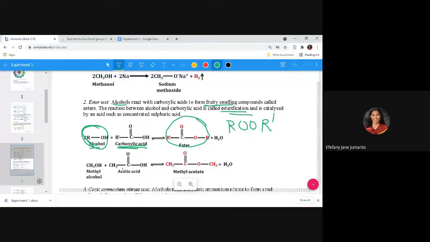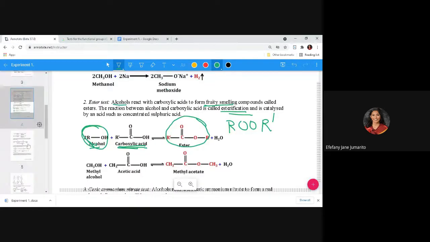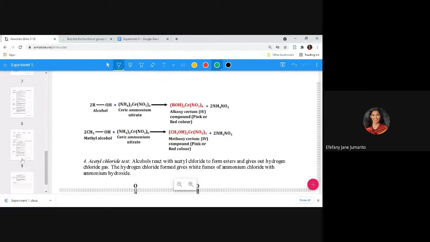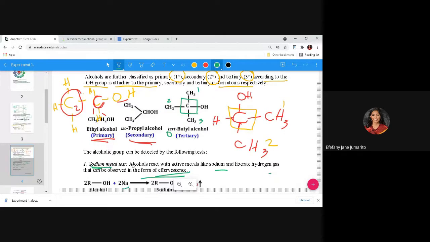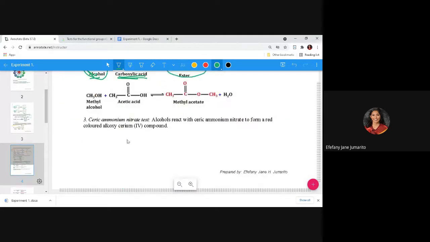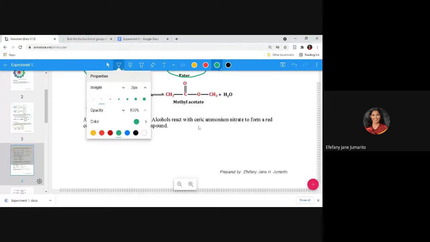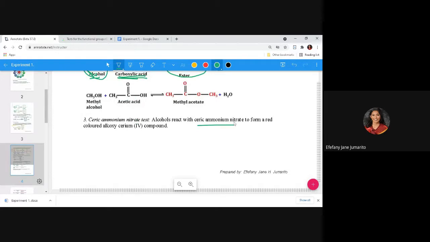Okay. Now the next thing is the test for ceric ammonium nitrate. Alcohols react with ceric ammonium nitrate to form a red colored alkoxycerium, a cerium 4 compound.